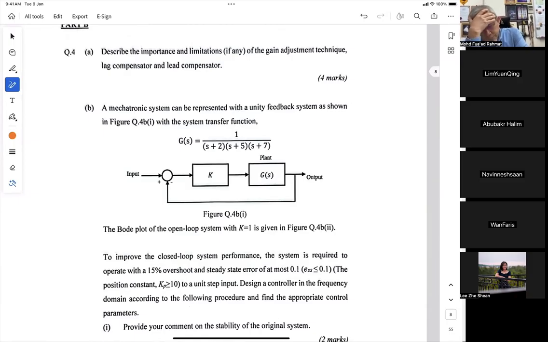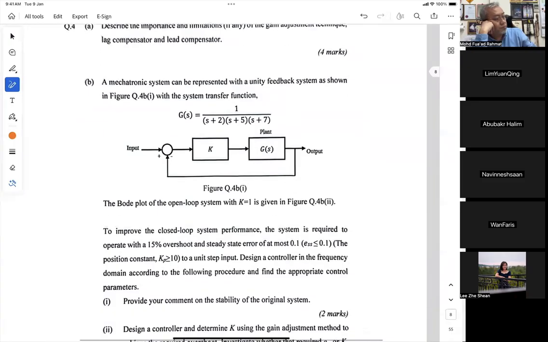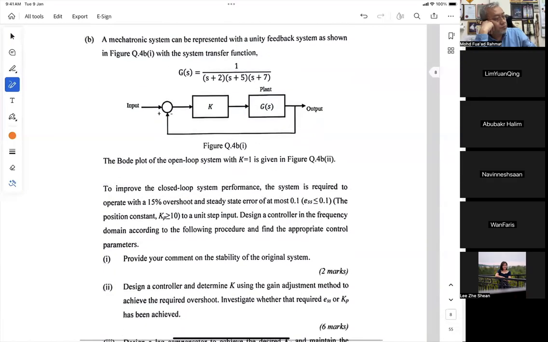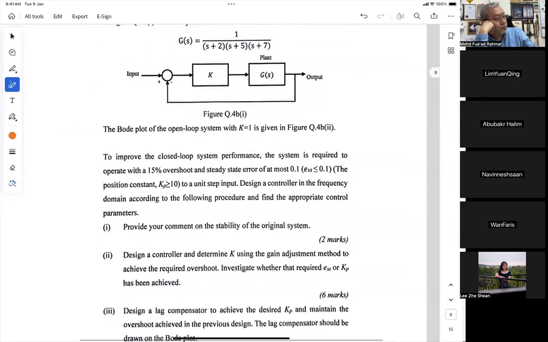The mechatronic system can be represented with a unity feedback system as shown in figure Q4b with the system transfer function G(s) = 1 over (s+2)(s+5)(s+7). The Bode plot of the open loop system with K equals 1 is given in figure Q4b(ii).